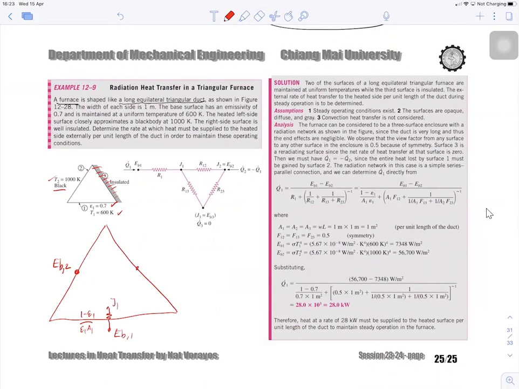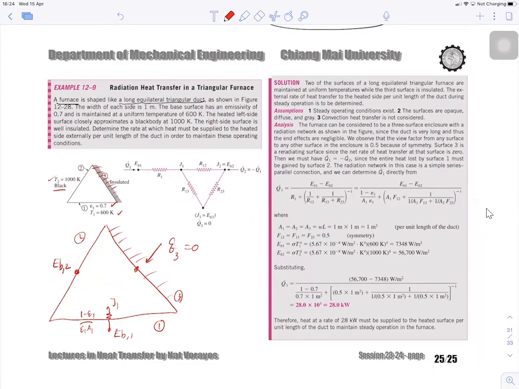And this is a surface where we don't know if it's black or not, but we know that it is well insulated. This is surface 3, this is surface 1, this is surface 2. If it's insulated, Q3 is going to be 0.